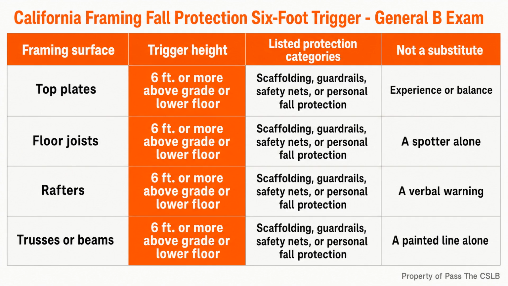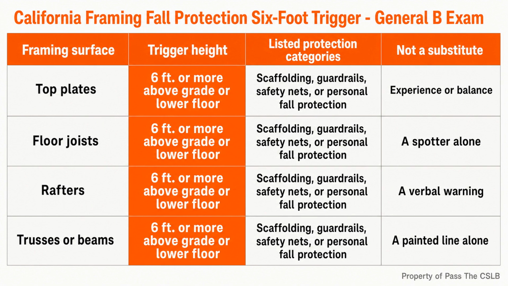The listed protection methods include scaffolding, guardrails, safety nets, and personal fall protection systems. I select and plan a compliant method that fits the task and site conditions. Experience, balance, a spotter, or a verbal warning does not replace one of the required protective systems.